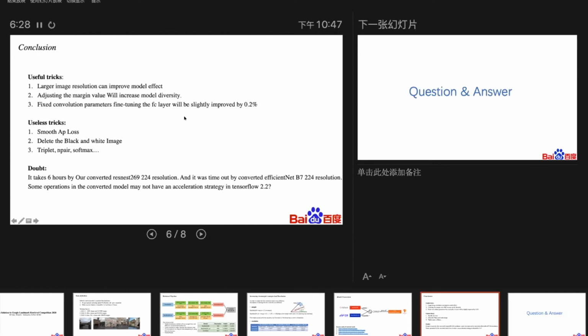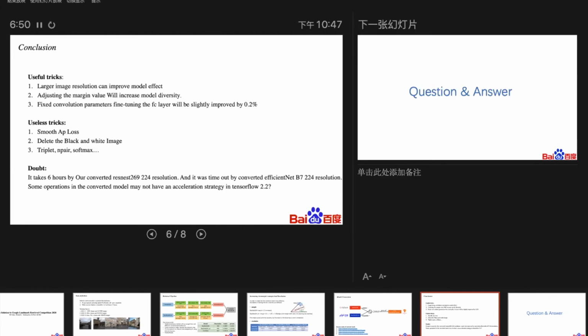There are also some useless tricks. First, the smooth AP loss. We used smooth AP loss, which was presented at ECCV, but we could not improve MAP on GLDv2.